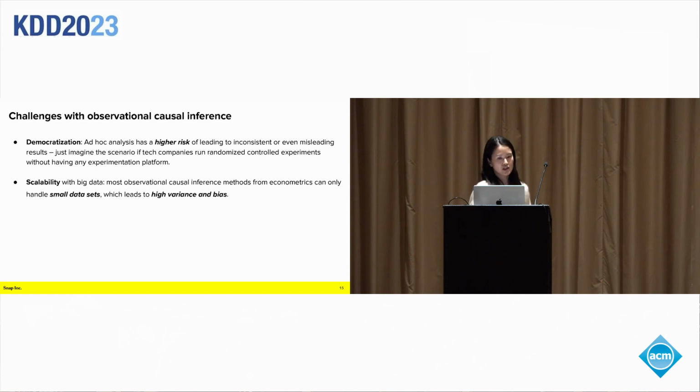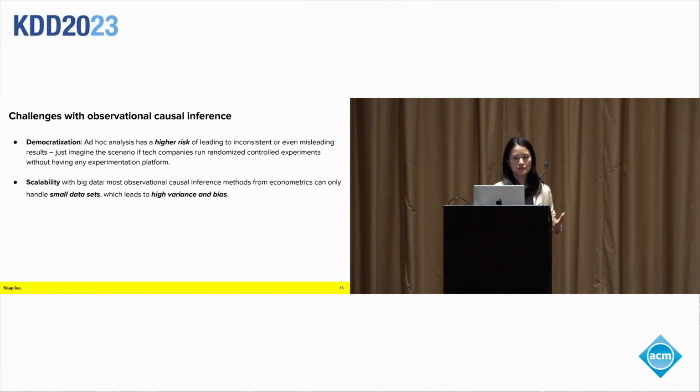The second challenge is scalability, because most observational causal inference methods come from econometrics, and most of them can only handle small data sets, which leads to high variance and high bias. They are not designed for, and not feasible to handle, the large data sets we have in industry.